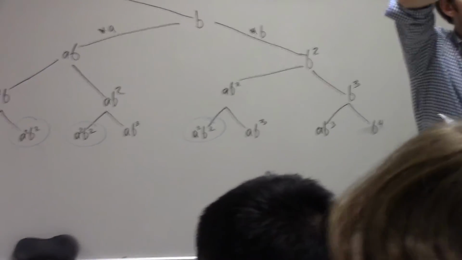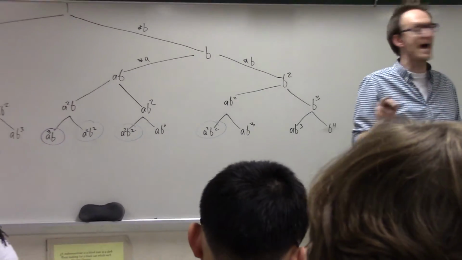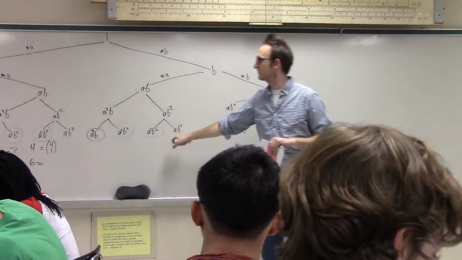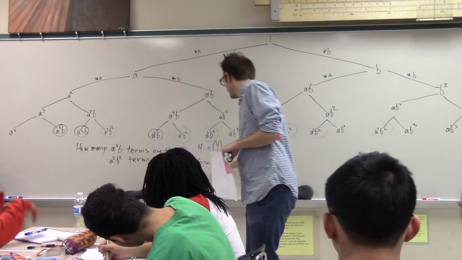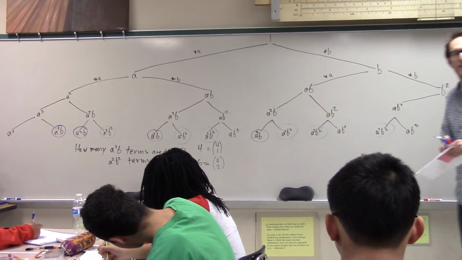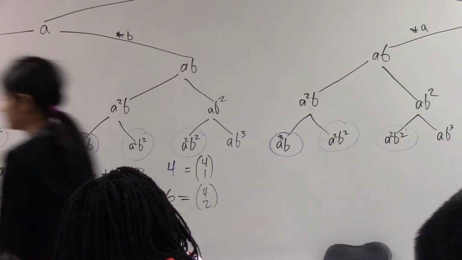In other words, every path through the tree in which I went right precisely 2 of those 4 times resulted in a different one of these a squared b squared terms. And so what is this? This is just 4 choose 2. Of the 4 paths through the tree, let 2 of them be rights. And we can just kind of keep on doing this.